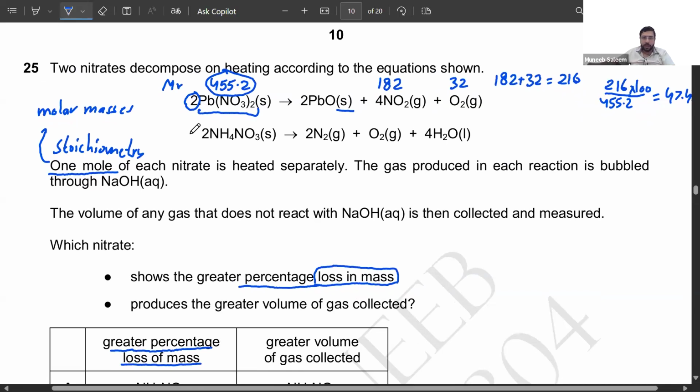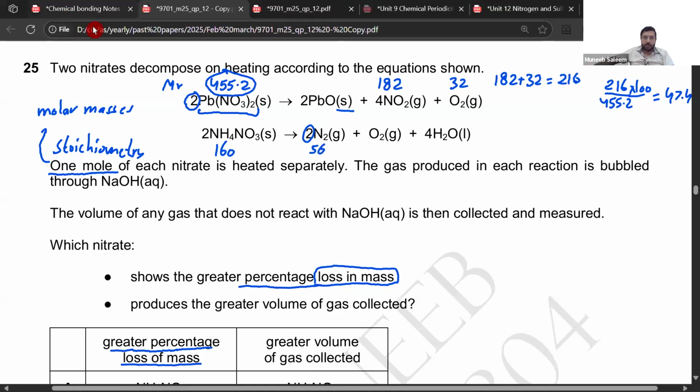Now for the second reaction, I do the same way. The MR value of ammonium nitrate is basically 160. Simple, add the AR values of all the atoms of all the elements. Now I have to calculate the mass of the nitrogen gas. This nitrogen gas, when multiplied with the mole ratio 2 as well, will give me 56.